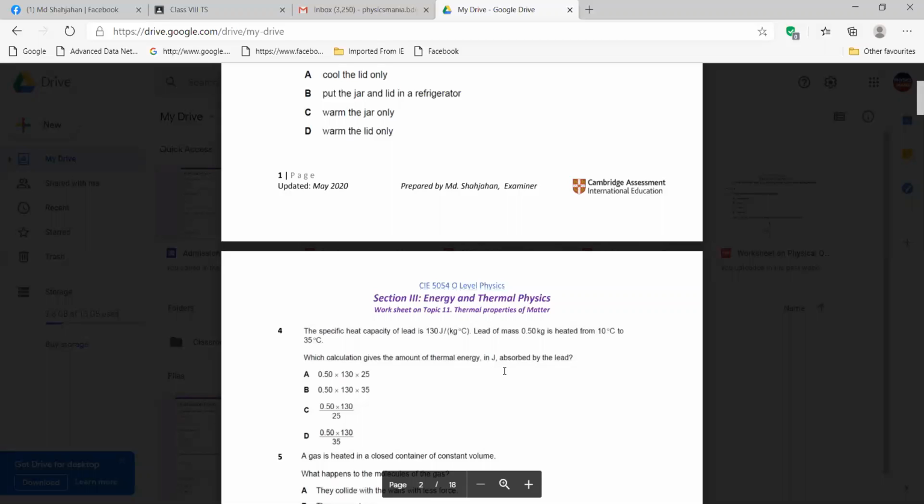They are asking you the thermal energy, right? So you have to rearrange the formula. Yes, sir. Then the formula becomes mass into change in temperature into specific heat capacity. In symbolic form, how can we write it?